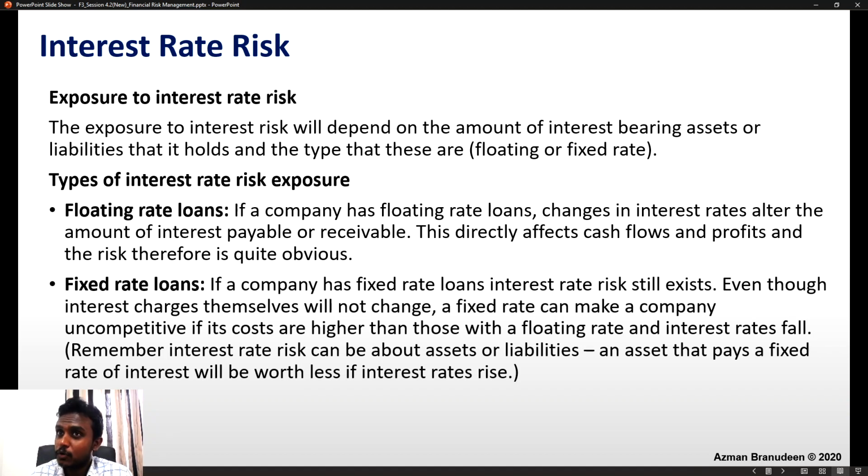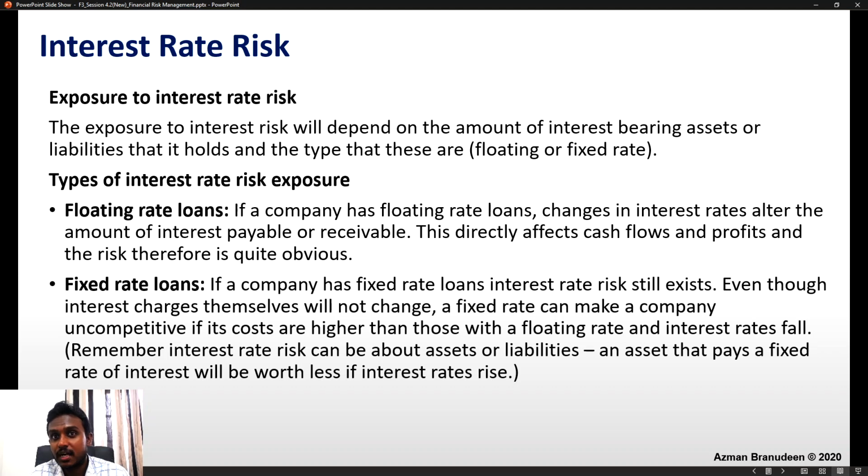If a company has floating rate loans, changes in interest rates alter the amount of interest payable or receivable, and that directly has an impact on your cash position and liquidity. If a company has a fixed rate loan, interest rate risk also exists.